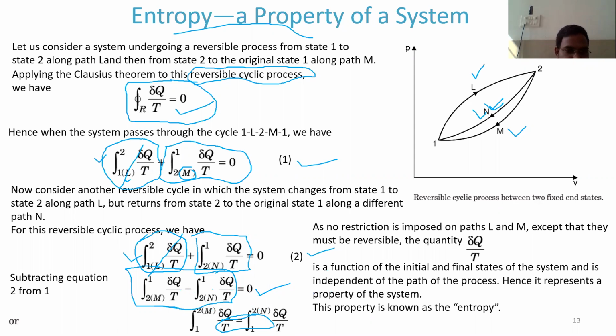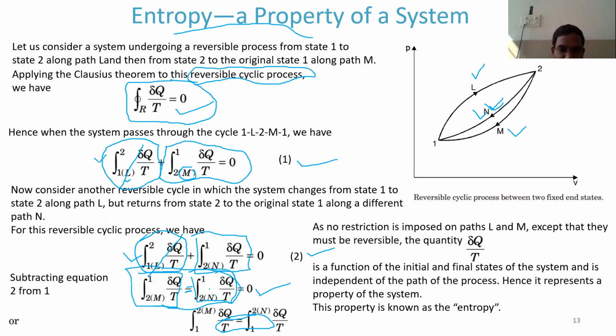This equal to will be gone, and the equation would be like 2 to 1 through path M dQ by T is equal to 2 to 1 through path N dQ by T, because this negative 2 to 1 through path N dQ by T we have shifted to the right hand side. So now this whole term will be equal to this whole term.